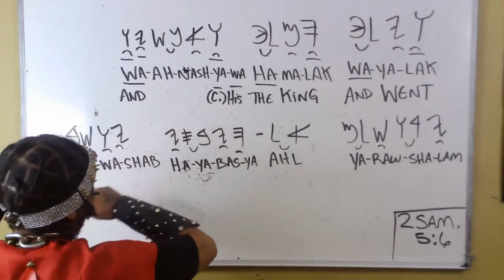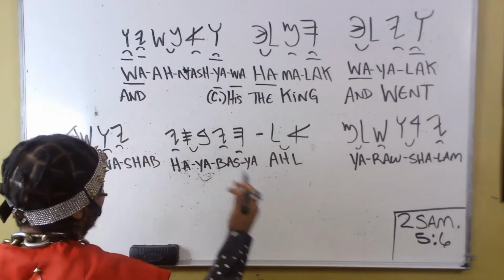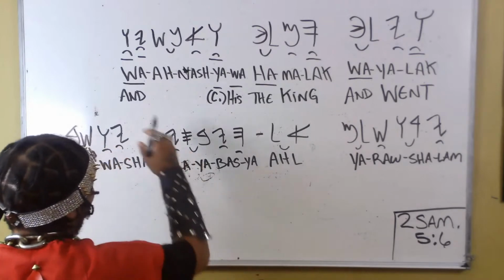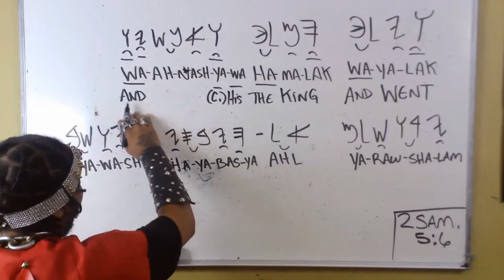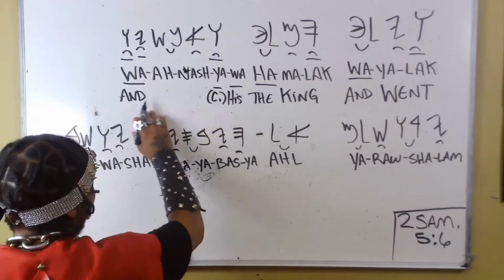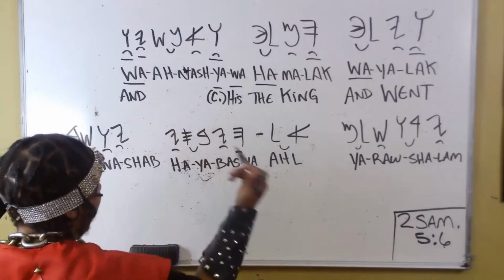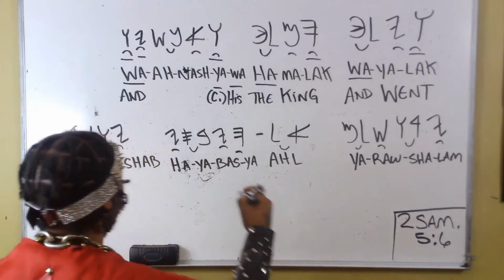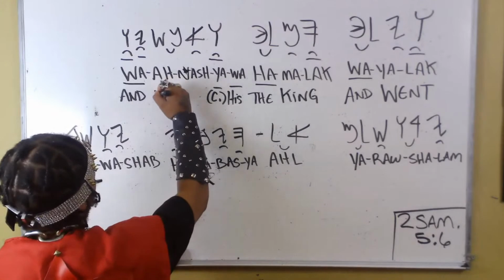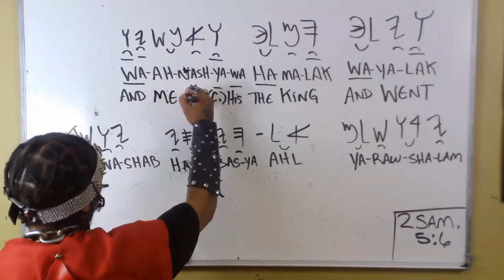This word was ayash, which was man, men, and anyone. So and his men is what I would think it would be: the king and his men, from the root word ayash.